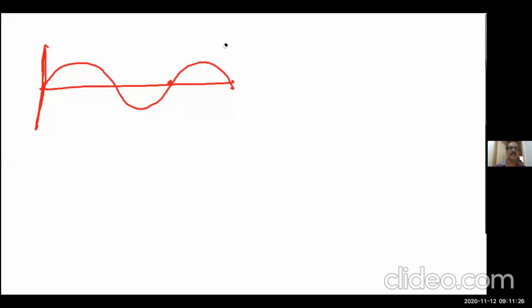In this, for example, one wave only we will do. This particle is 0. This particle how much? Phase 90, 270. Phase 270. This is 180. This is 90. This is 360.